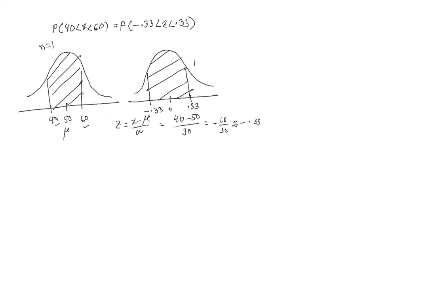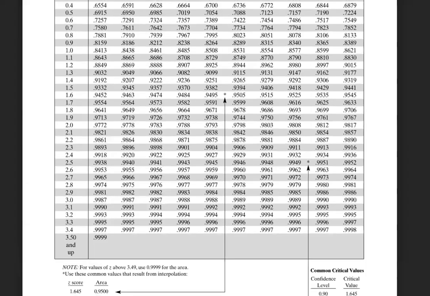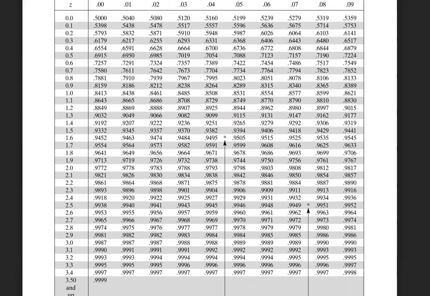Now, to find the area associated with this in between, you have to keep in mind this is 0.33. Let's go ahead and look it up in the table for 0.33. You'll see 0.33 is right here.